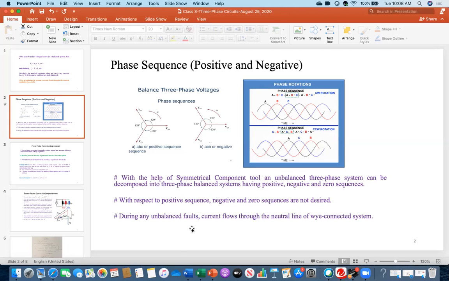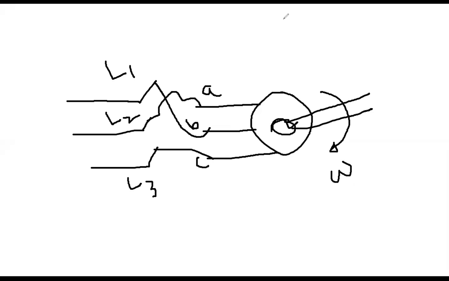And during any unbalanced fault, current flows through the neutral line of a Y-connected system. So we already discussed that. And I will be explaining what the negative sequence, zero sequence, and positive sequence are in case of an unbalanced three-phase system. And you see the tool is the symmetrical component tool. Then once again, let me take you to that whiteboard, and then you will get the fun there. So let me read it.